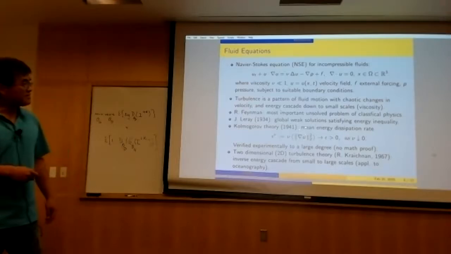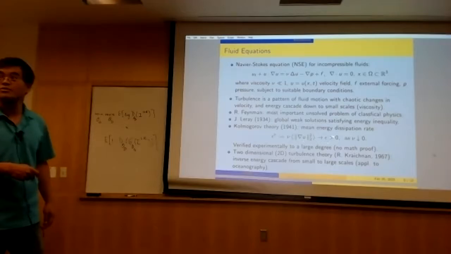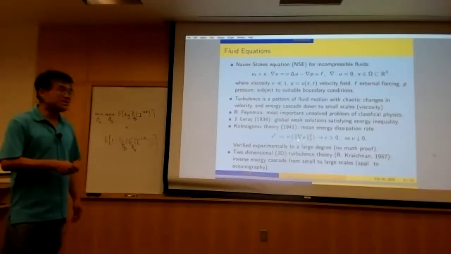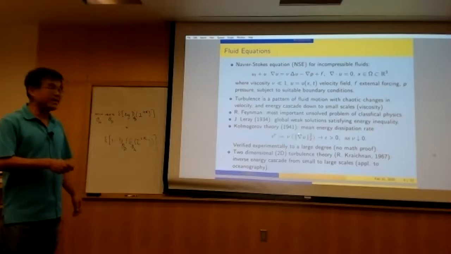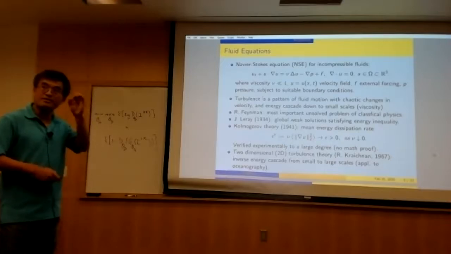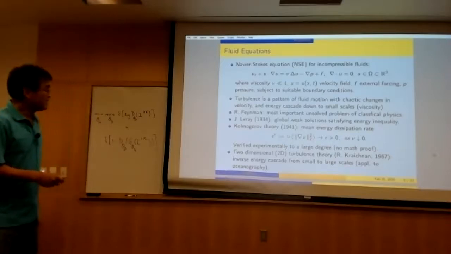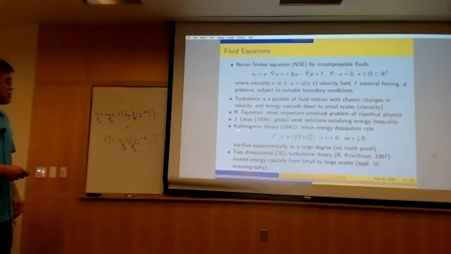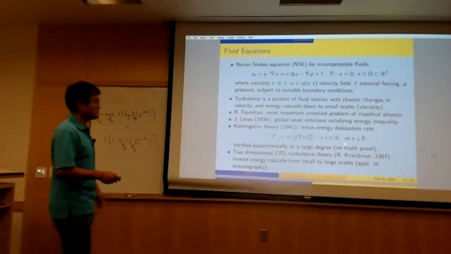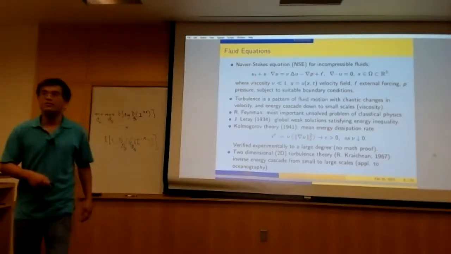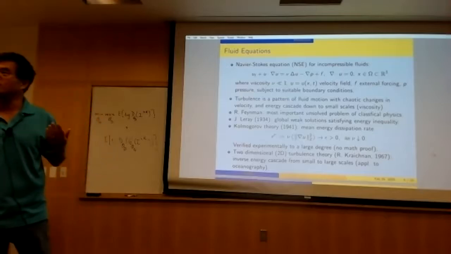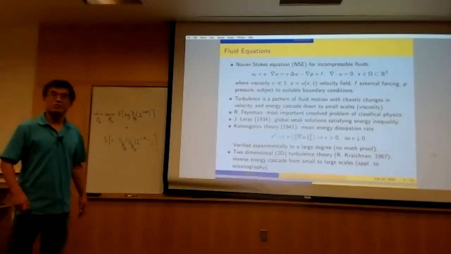So this explains that this gradient of u cannot be order 1. You cannot put in a smooth function, because if the gradient has a uniform bound, this quantity will go to 0, right? But in this case, it's not going to 0. That means the gradient gets very, very big in turbulence. It's because of those small scales. Okay, so that's the Kolmogorov 41 theory. To this day, there's no mathematical proof of this, though there were a lot of experiments that verify that Kolmogorov is correct.